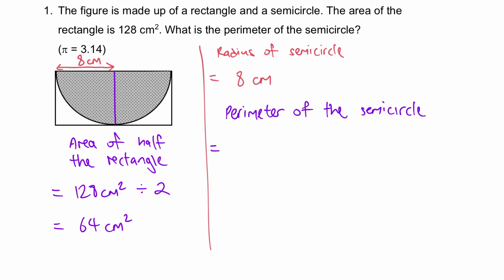The perimeter is actually again half of the circumference of the circle. It's half times pi times the diameter, which is 16 cm, plus this length over here, which is 16 also.